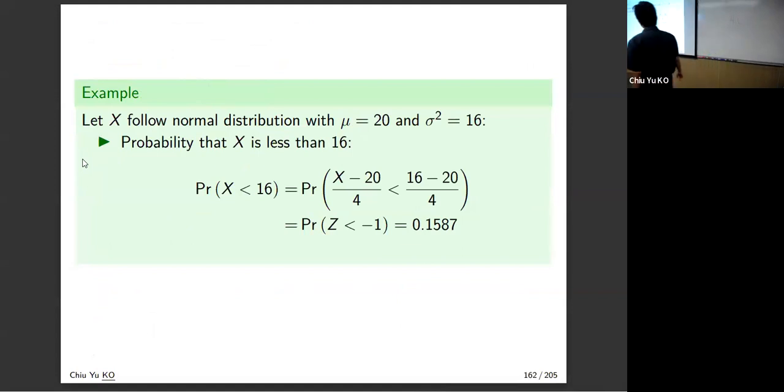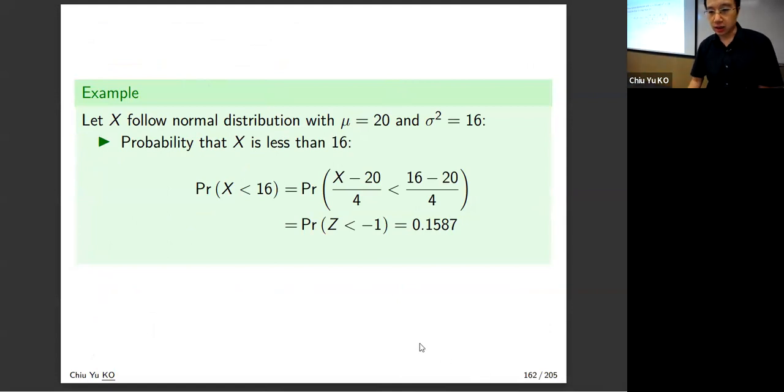One thing we'll do is extend our knowledge of Z to the usual normal. Let me draw a diagram, then you will see what it looks like.